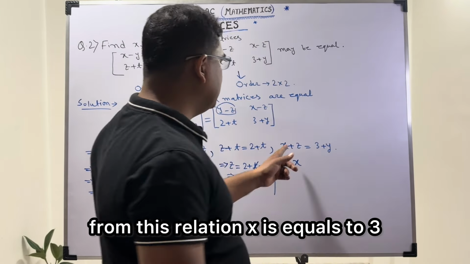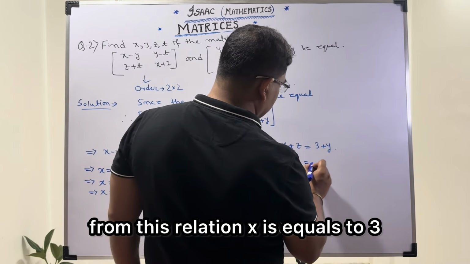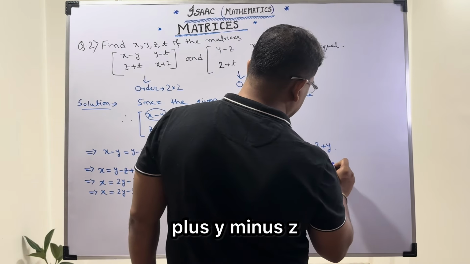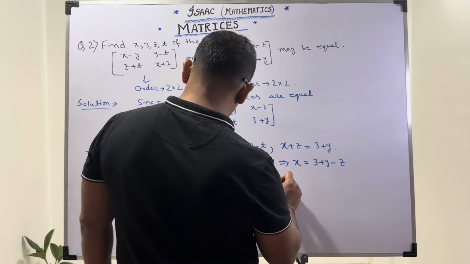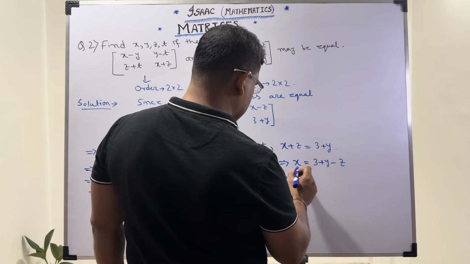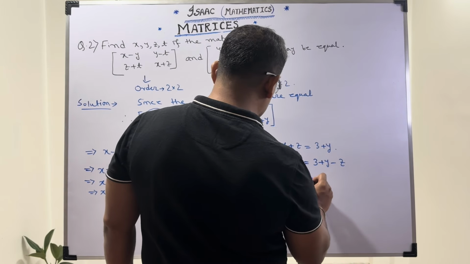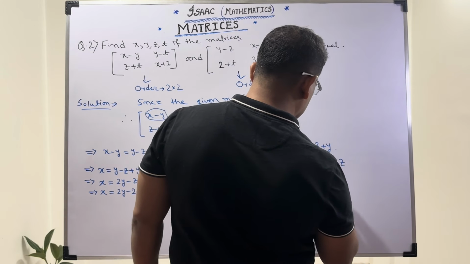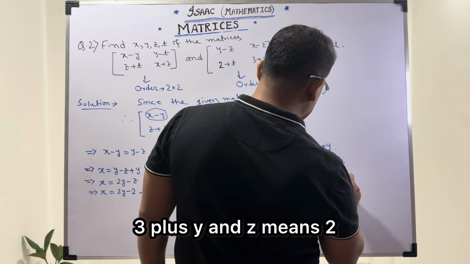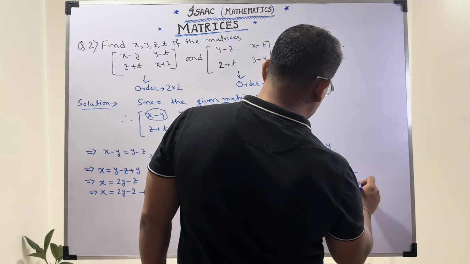From this relation, x is equal to 3 plus y minus z. X means 2y minus 2, 3 plus y, and z means 2.